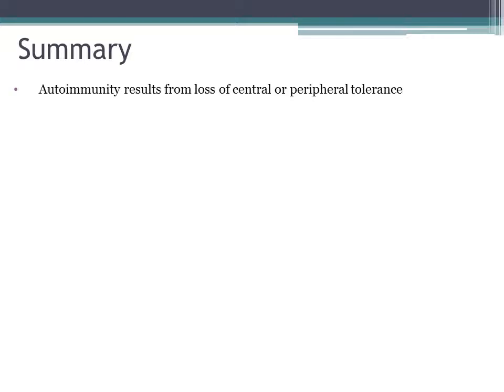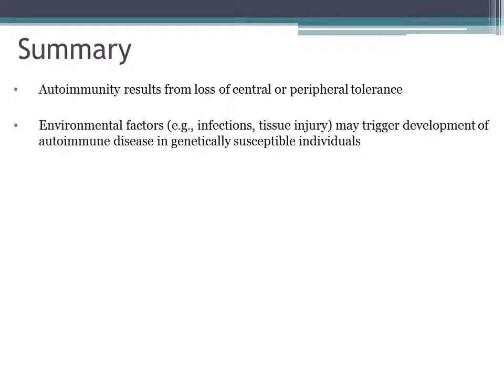To summarize some of the major concepts from this unit, we've learned that autoimmunity results from loss of either central tolerance and or peripheral tolerance. Environmental factors play a key role in the development, things like infections, tissue injury, exposure to environmental toxins, etc. These trigger autoimmune disease in individuals that are genetically susceptible.